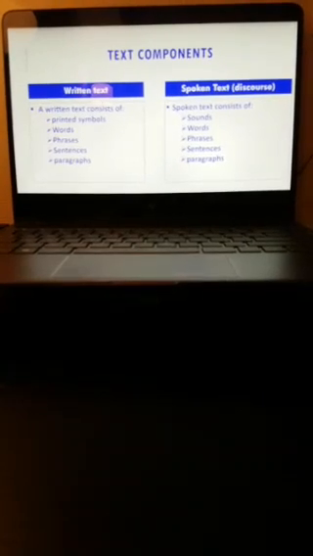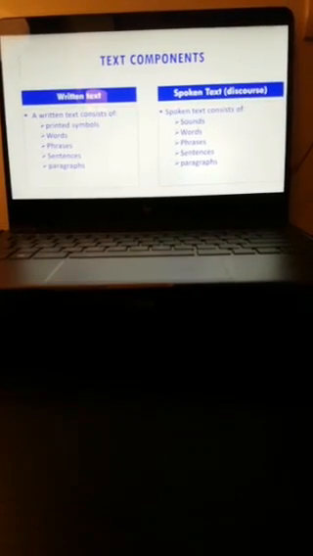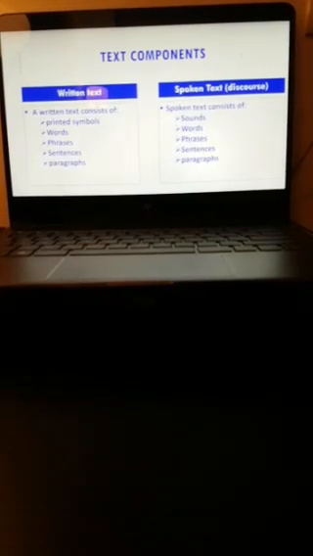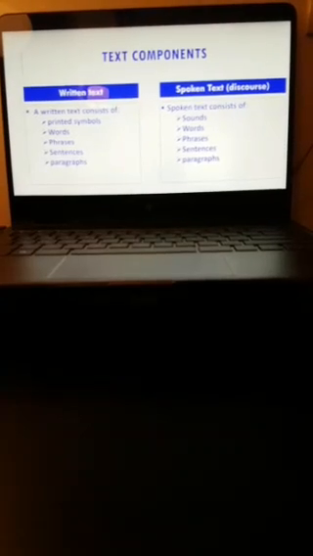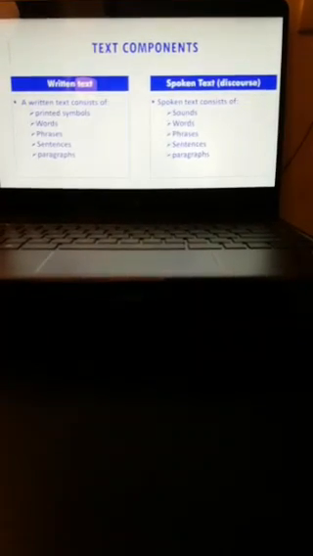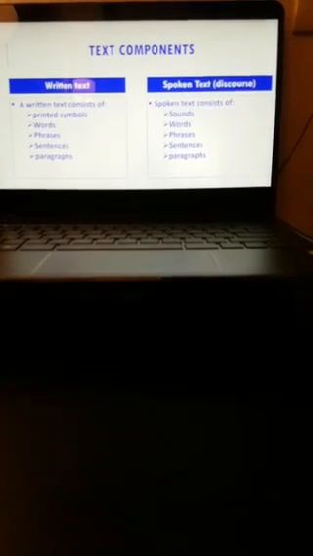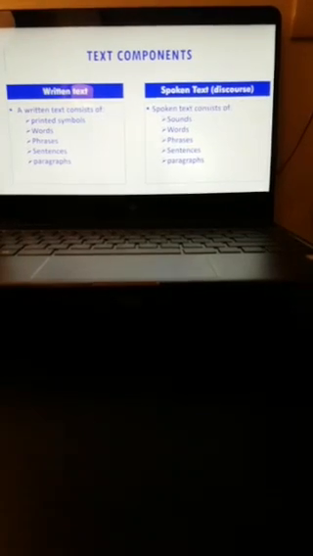Now, the spoken text, we call it discourse, oral discourse. And the discourse can be, in our case, as long as a lecture that may last for hours. So regardless of whether it's short or long, it is called discourse, and it consists of sounds, words, phrases, sentences.